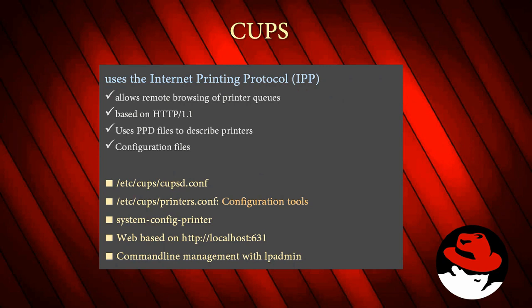The web-based management console of CUPS can be reached on port 631. By default, only members of the sys group can connect. The console can also be used for configuration. It allows remote browsing of printer queues. It is located in the cupsd.conf file in the cups directory under etc.